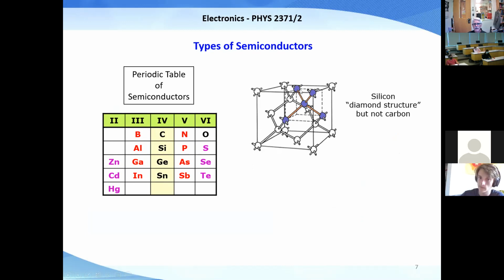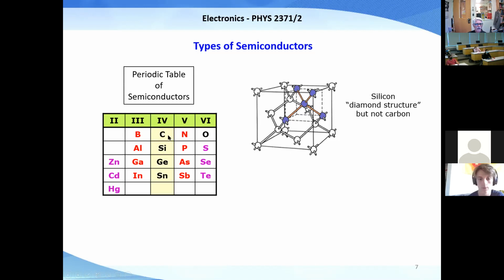That is, if this were diamond, they would be carbon atoms, and each carbon atom would have 4 what we call nearest neighbors. So it would be called tetrahedrally bonded. It has 4 bonding electrons, and the reason is because it's a group 4 element in the periodic table over here.